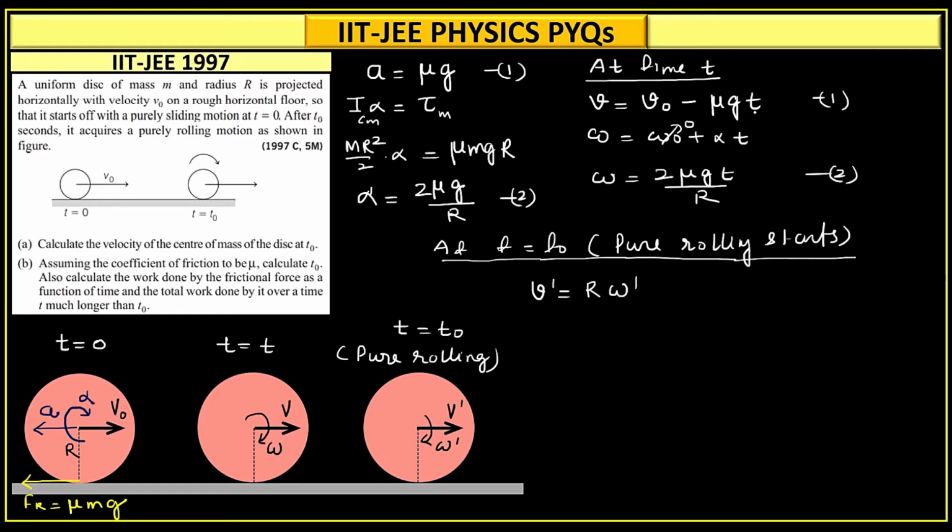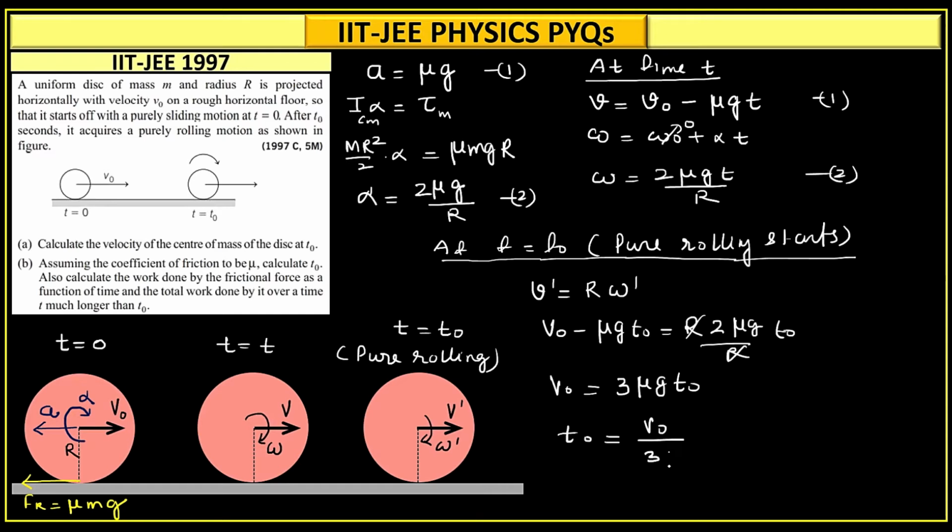I just have to put t naught in place of t to get v dash. So v dash will be v naught minus mu g t naught, and similarly omega dash is omega at t equal to t naught, the moment pure rolling starts. That will be 2 mu g by r times t naught. This r gets cancelled. So v naught and this mu g t naught will go to that side, and will become 3 mu g t naught. So we get the time t naught when pure rolling starts, that is v naught by 3 mu g. And that is one of the answers that was asked.